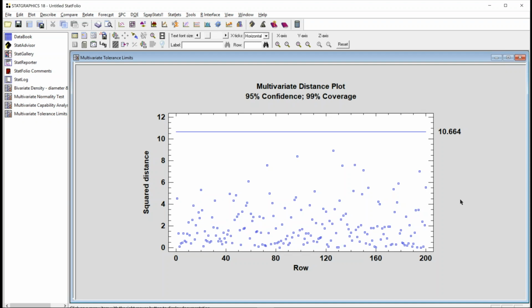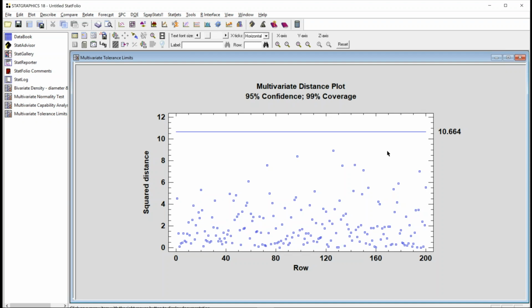There is a point on this plot for each of the 200 medical devices in my sample, showing the scaled distance from that point to the center of the ellipse, or the center of the ellipsoid if more than 2 dimensions. If you are more than 10.664, you are beyond, outside of the multivariate tolerance region.